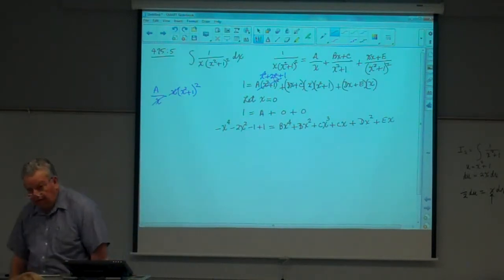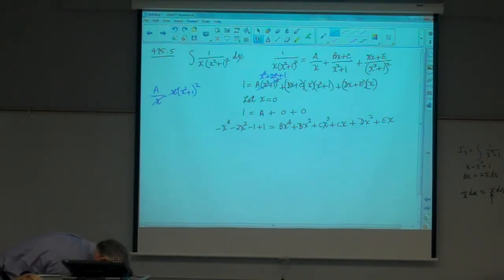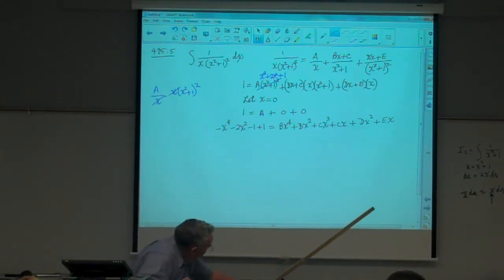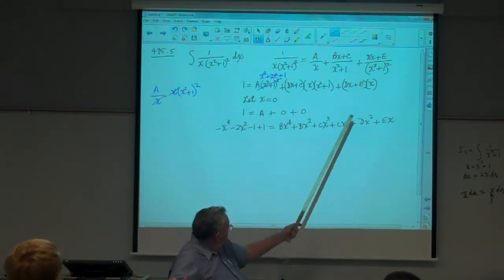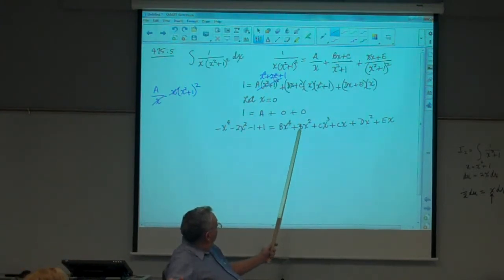So you multiply the rest all out. I just multiplied everything out. Wouldn't that be Bx cubed? No, he's already got an x, and then you times it by that x, and then you times it by the x squared.